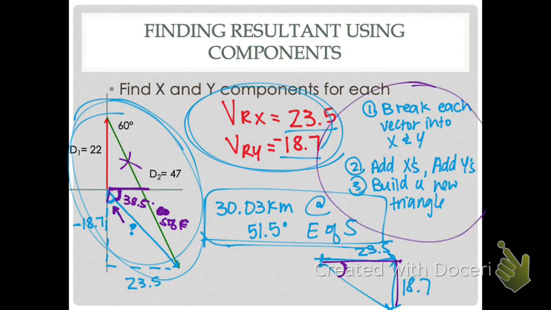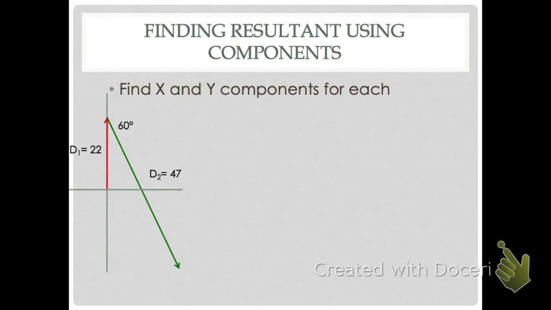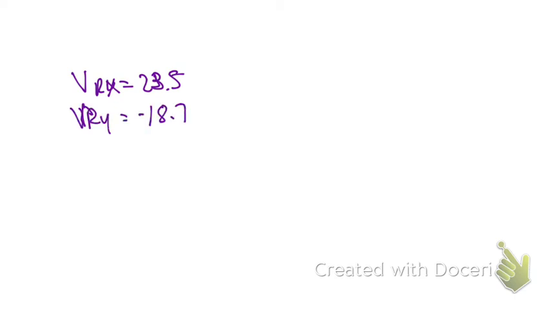Okay, so I want to walk through this one more time. If I had no diagram, if I did not have any diagram drawn, and I would have come up with VRX to be 23.5 and VRY to be negative 18.7, I would have built a new triangle. So I do that like this.